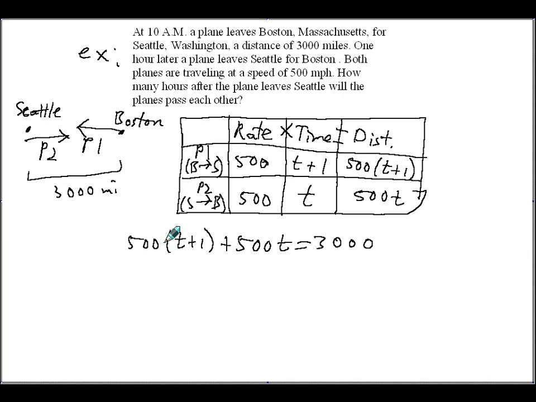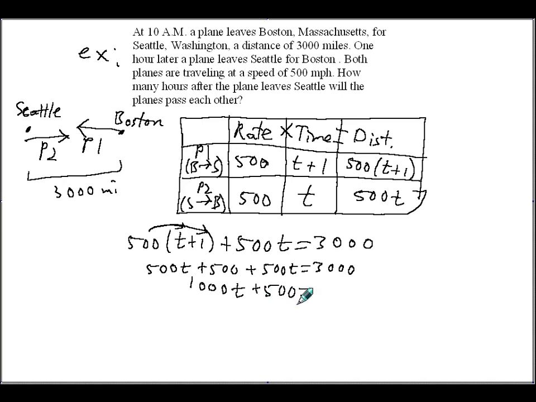We're going to solve it real quickly. Distribute the 500 and simplify the left-hand side. 500 times t is 500t, and 500 times 1 is 500, plus 500t, equals 3,000. Let's combine like terms. 500t and 500t is 1,000t, plus 500 is equal to 3,000. Subtract 500 on each side.